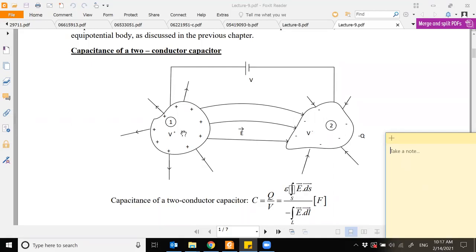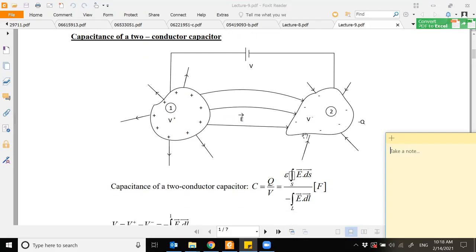With the help of our external voltage source, we are making one conductor positively charged and another conductor negatively charged. And we are doing it in such a way that the charges here and the charges here are equal in magnitude. So if it is positively charged here, then here it is negatively charged, but their magnitudes are the same.